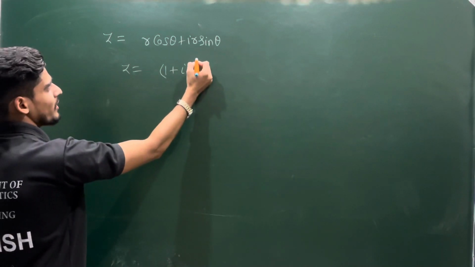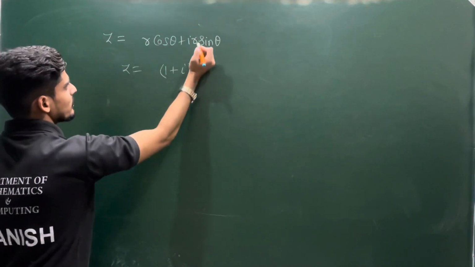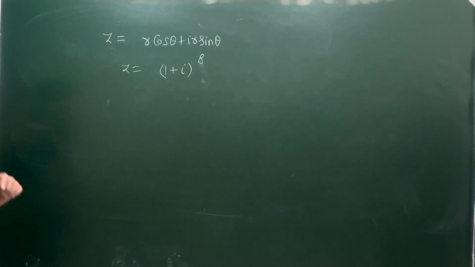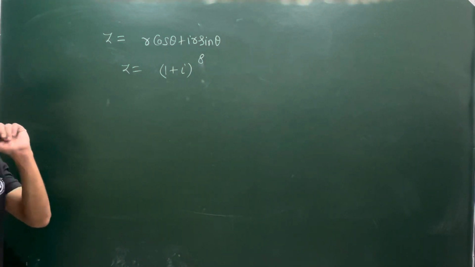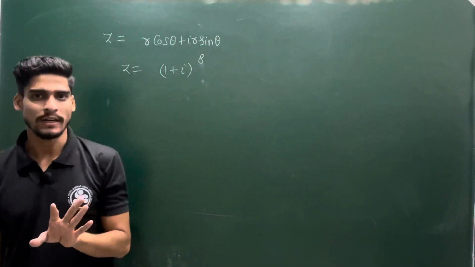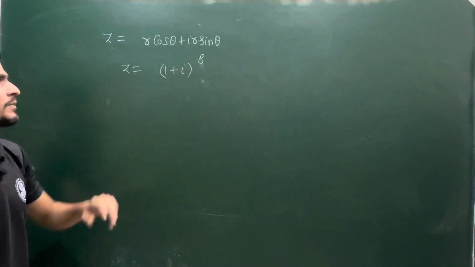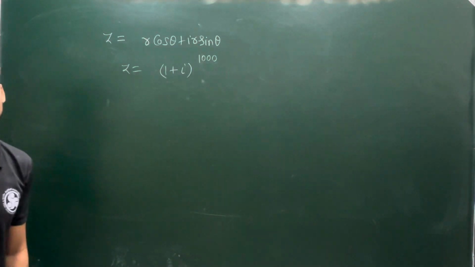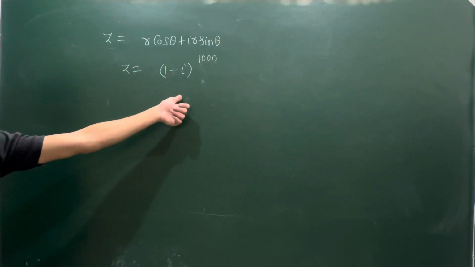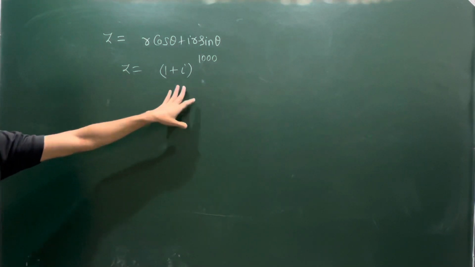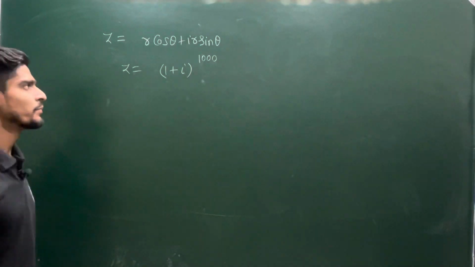Can you compute the power say 8? Can you compute this? If you are using 1 plus iota whole square whole power 4, then you can do that, I know that. But suppose this power somehow it is 1000 or maybe bigger, I still believe that you can do it in that manner, but that will take time.